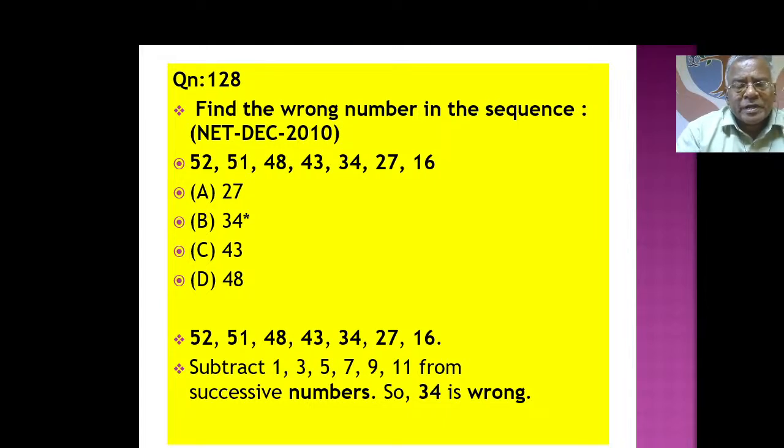How much should it actually be? It should be, this is 1, 3, 5, 7, 34 to 26. So 6 plus 3, 9. 27. So 34 is the wrong number.